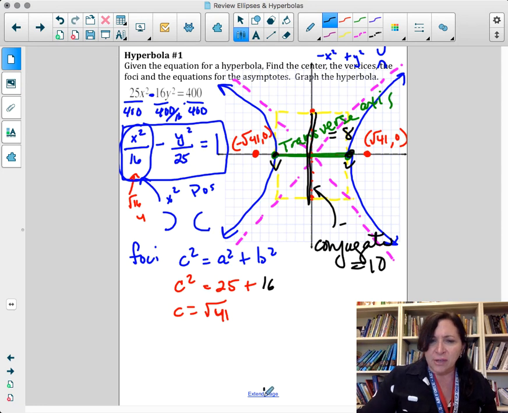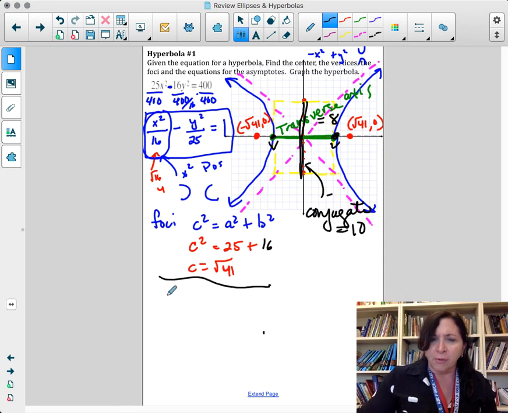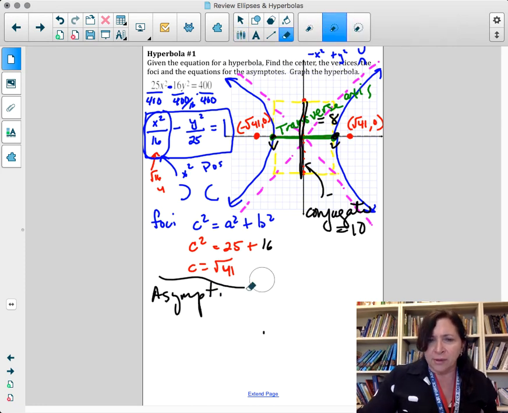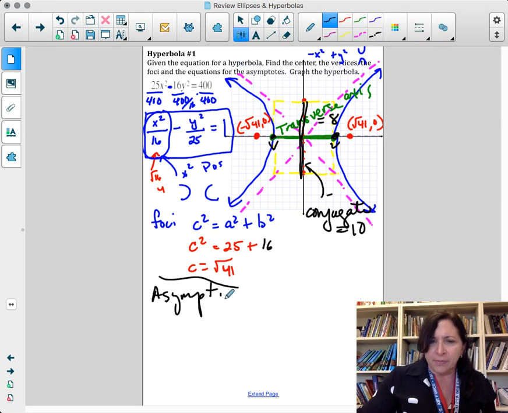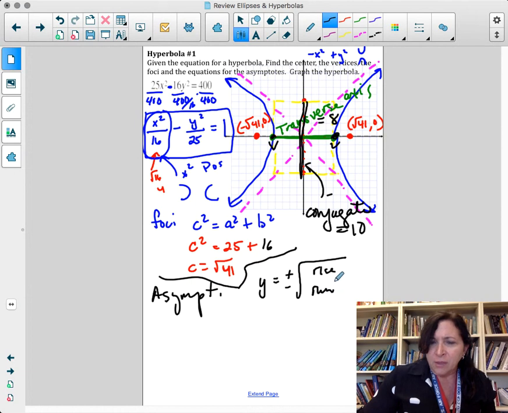Lastly, the last thing you needed to do for this problem was to find the asymptote equation. When I'm doing these, I always use this formula. It goes y is equal to plus or minus the square root of whatever the rise over the run is, which means my y coordinate over my x coordinate.